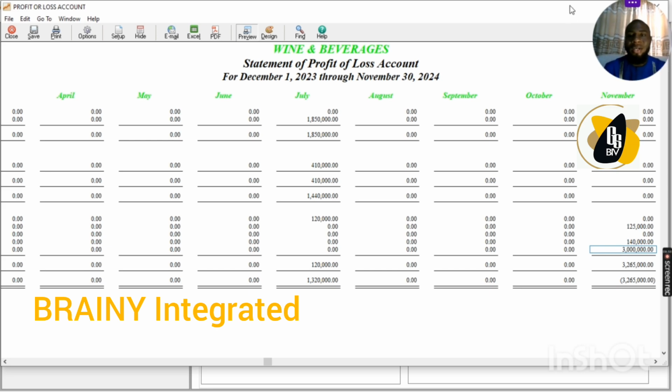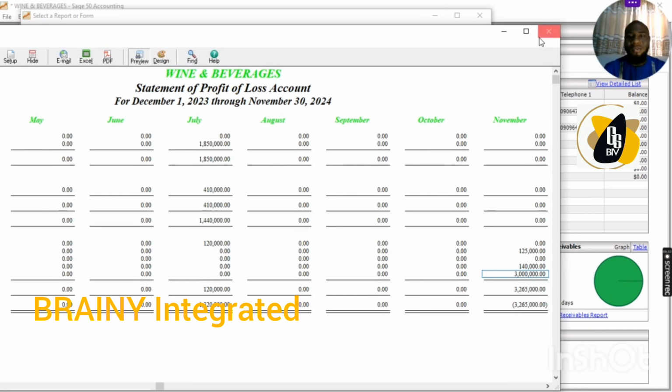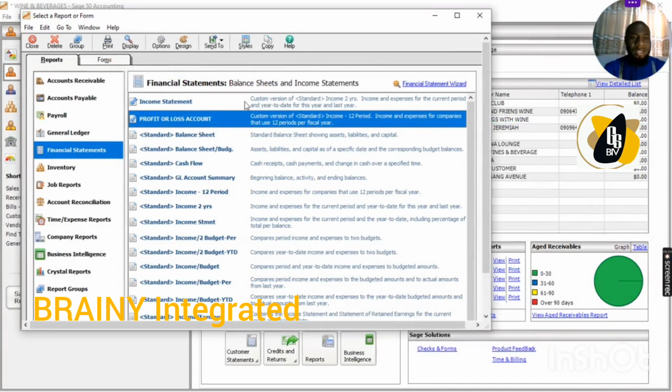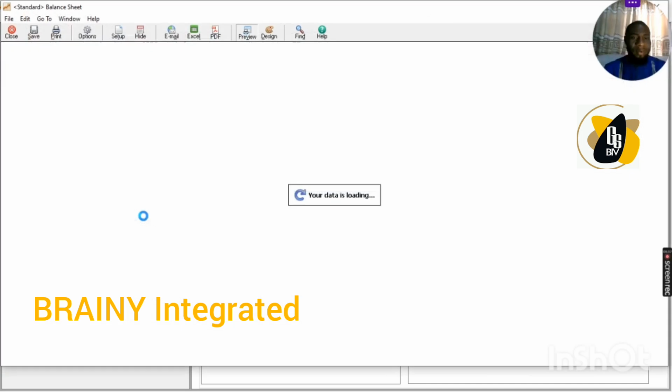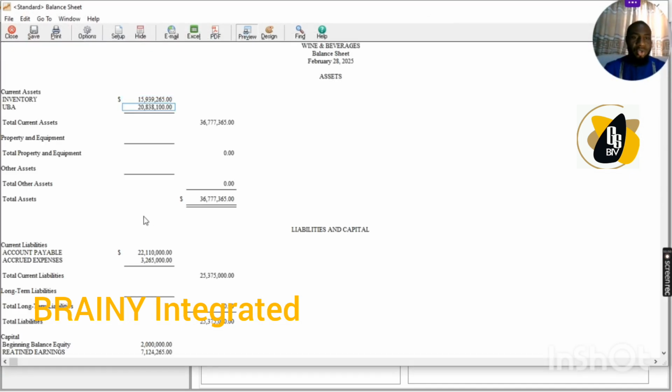Now let us see the effects of our recordings in the statement of financial position, otherwise known as balance sheet. So we are going to go to the accrued expense. Can you see that the accrued expense is now reading 3,265,000 naira?